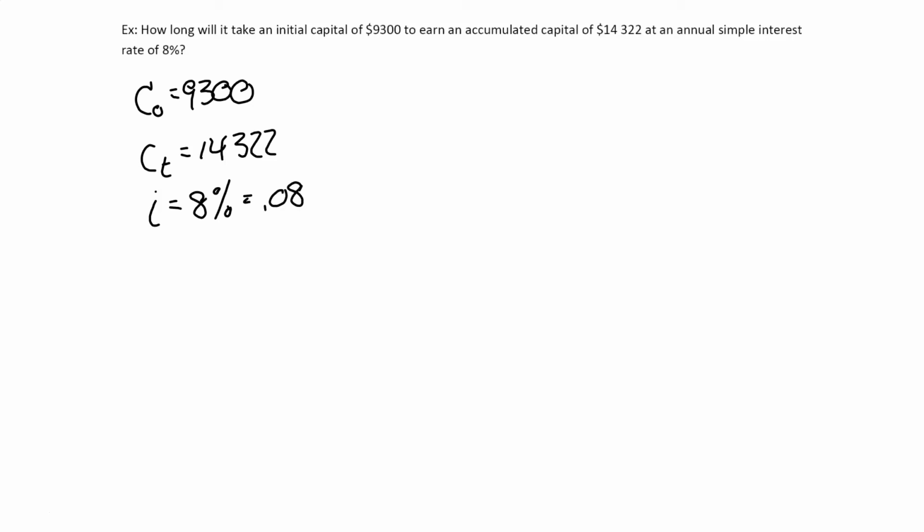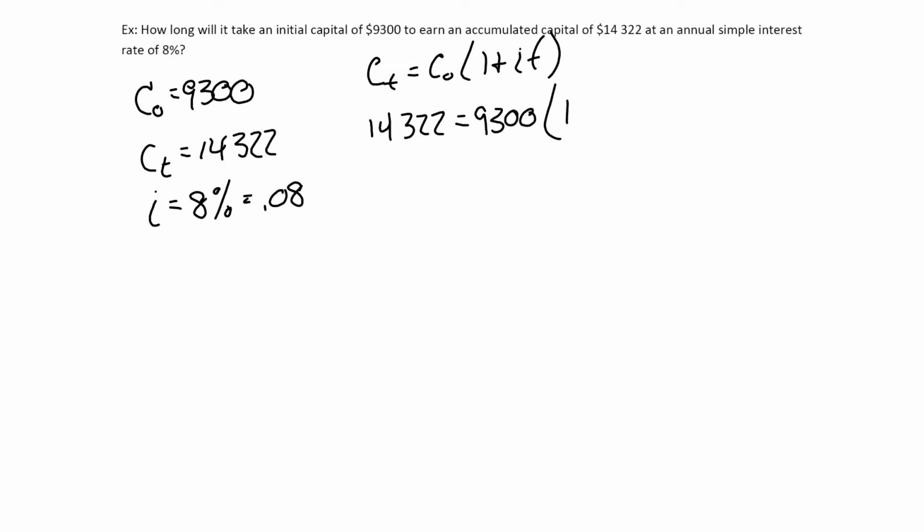Again, we can use either method to solve the problem. We'll start off with the original formula and then rearrange it once we've put in all of the variables, and we can solve for t. The accumulated capital is $14,322. The initial capital is $9,300. We've got 1 plus I, which is 0.08, and the t is unknown. We're going to divide both sides by 9,300 to get rid of that number on one side.